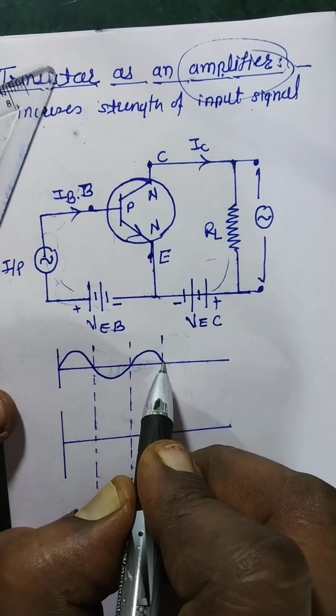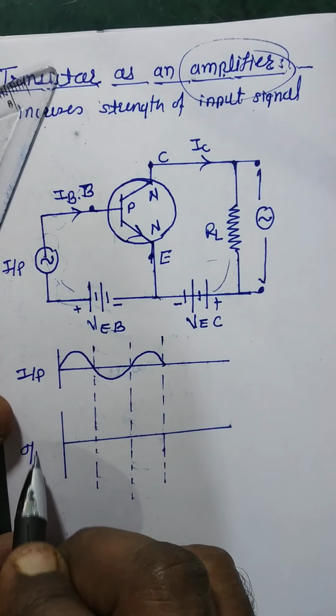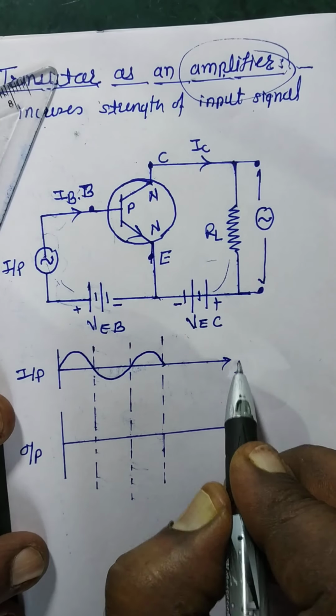Suppose this one as input AC signal, output variation with time.